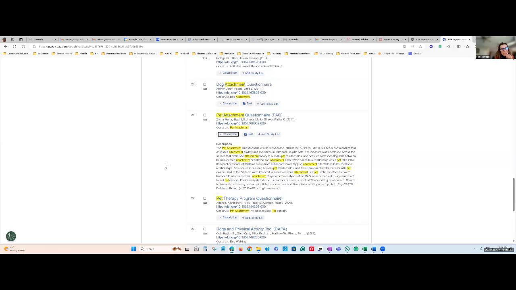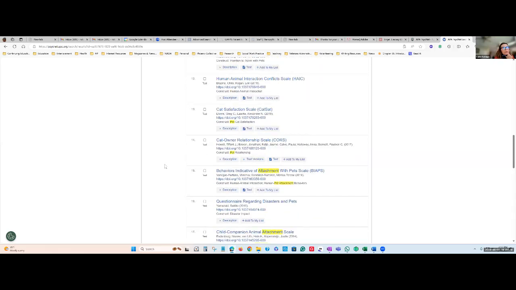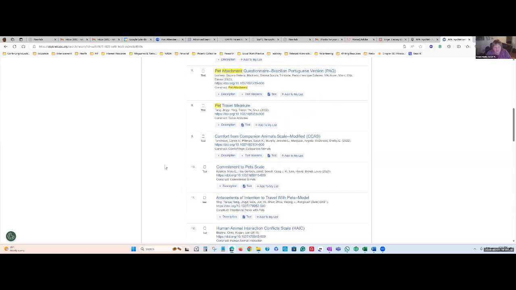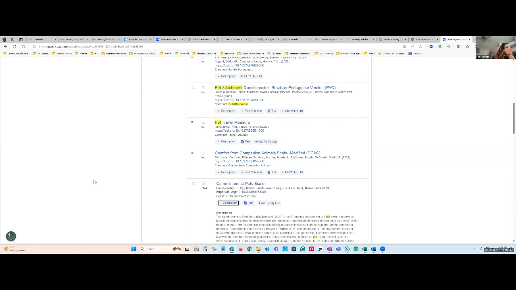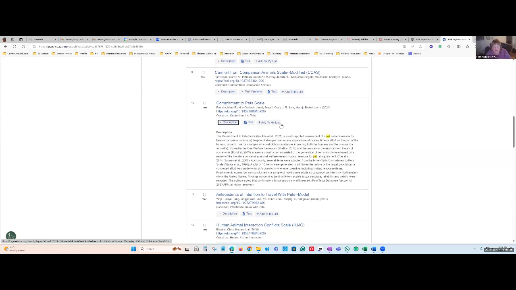So when we think of disasters, whether or not people will leave them, stay, or take them with them. Right. Commitment to pets scale: self-reported assessment of a pet owner's resolve to keep a companion animal despite challenges that require expenditure of money, time, or effort on the part of the human, zoonotic risk, or changes in household circumstances. I think that's a great one.